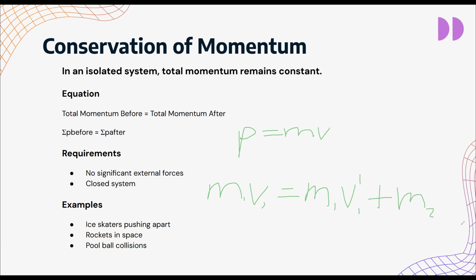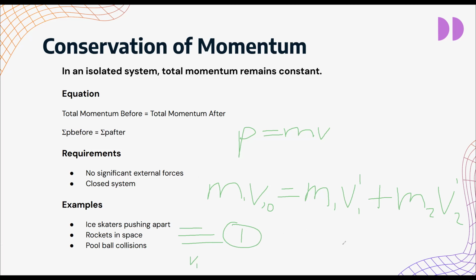This is some new object M2 that it hits. It's also going to give some velocity to it. So in this situation, M1 times V initial one. This is some object, let's call this object one. It has a mass of M1 and it's going to be traveling at a speed of V1 before.